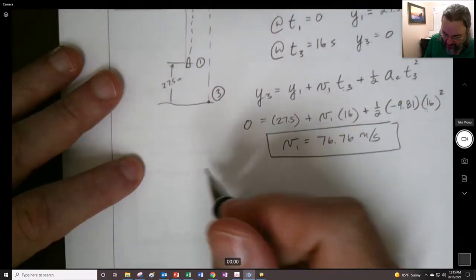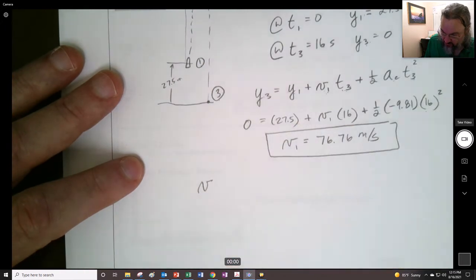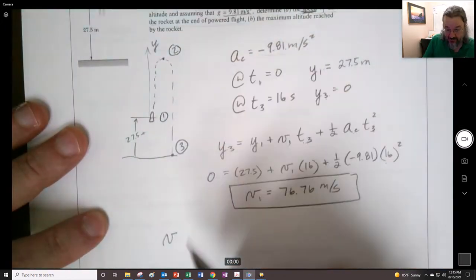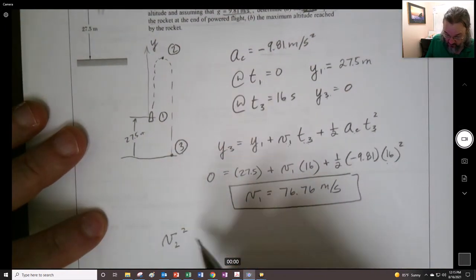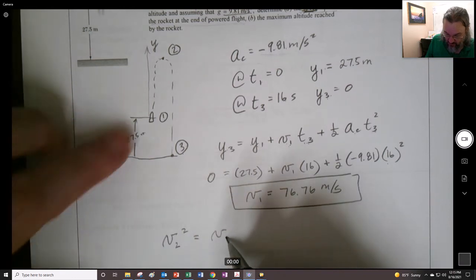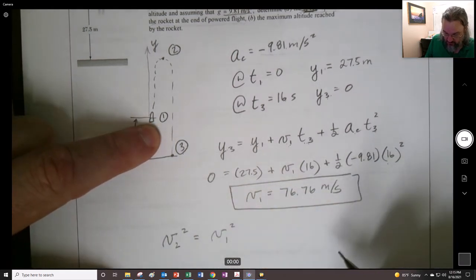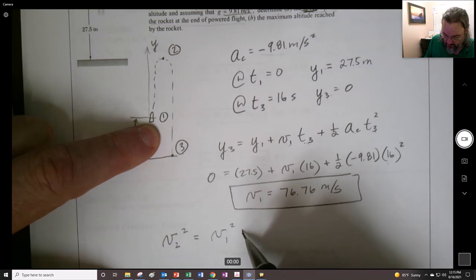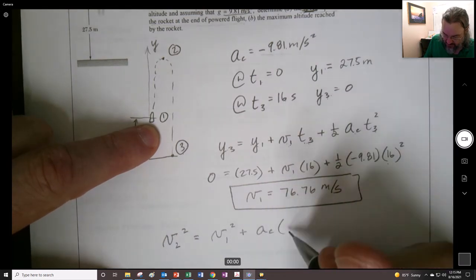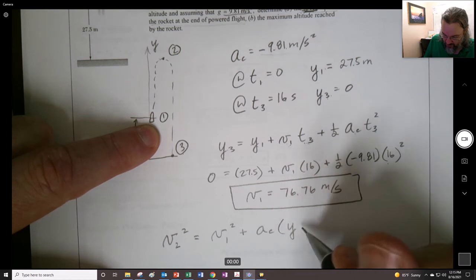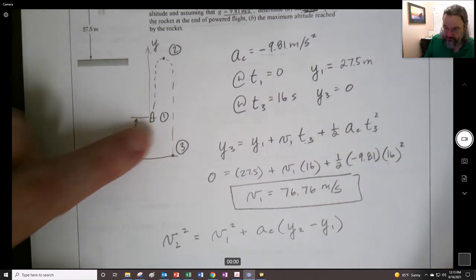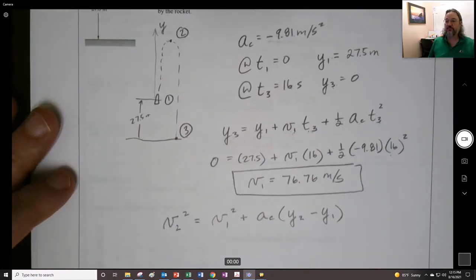So we could write out that v2 squared is going to be v1 squared, right? Plus a, which is a constant, times y2 minus y1. You see how that works?